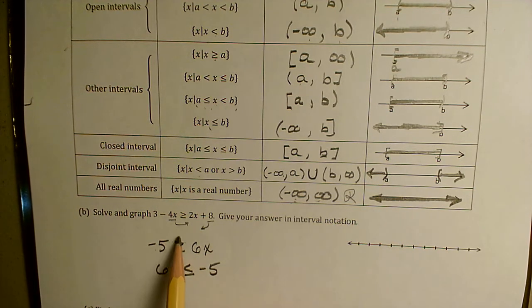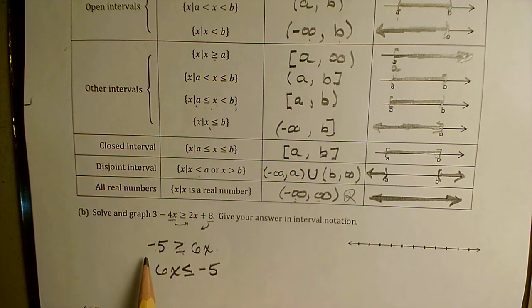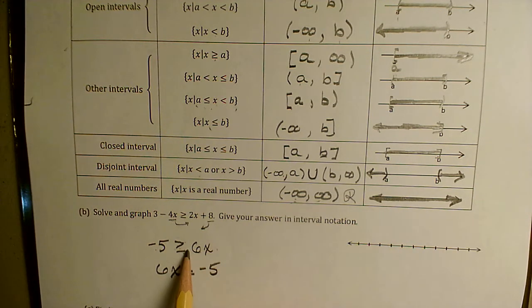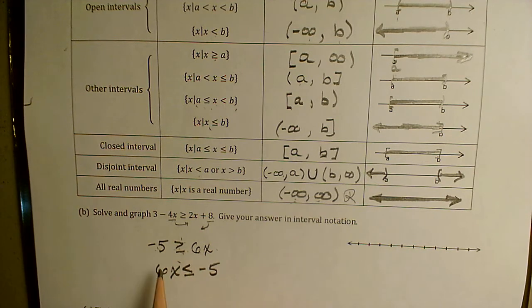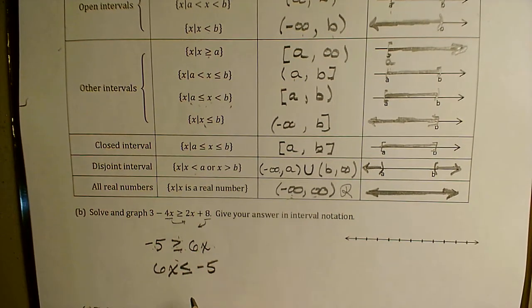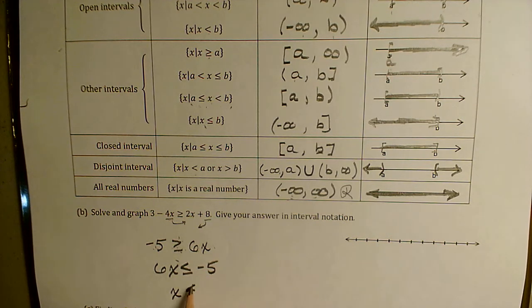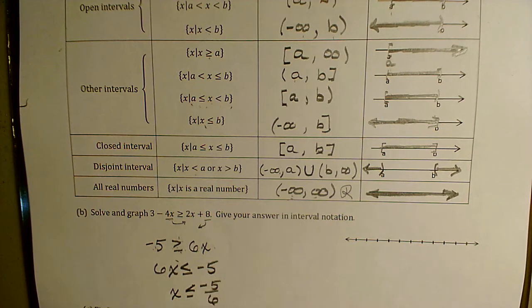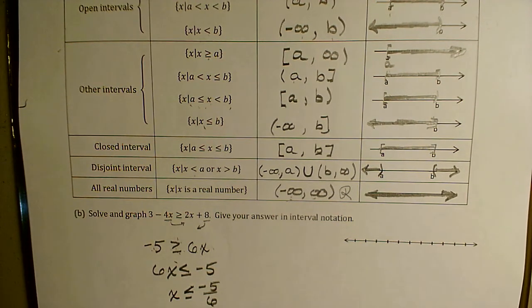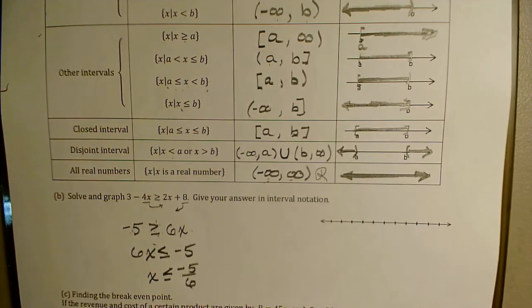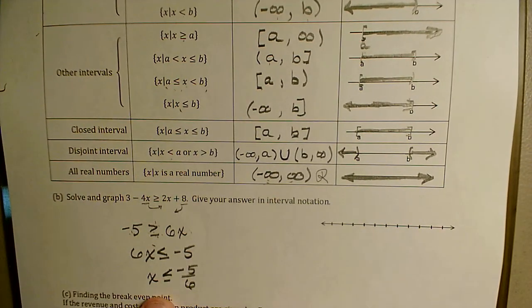It's really -5 is greater than or equal to 6x, but if I were to read that in reverse, it'd be 6x is less than or equal to -5. And that's why I've written it like this. And then finally, the last thing we want to do is x is less than or equal to -5/6.